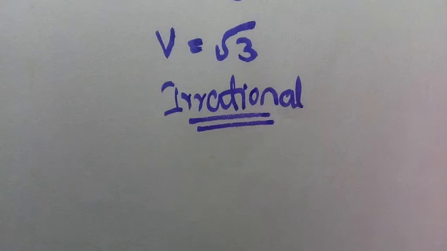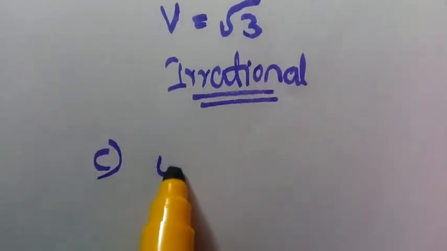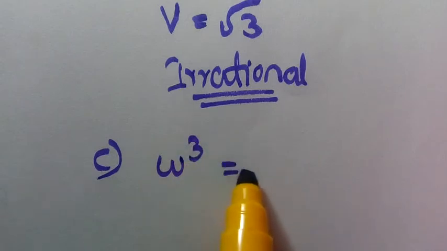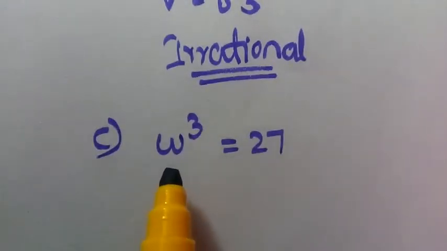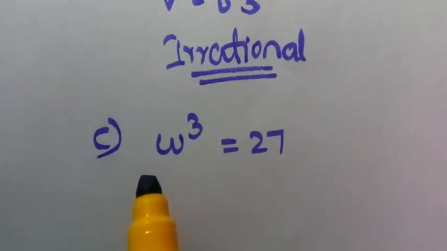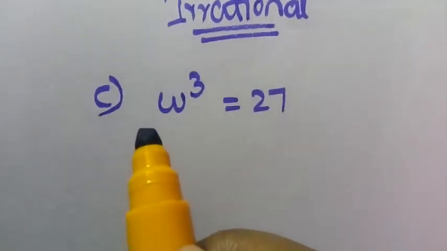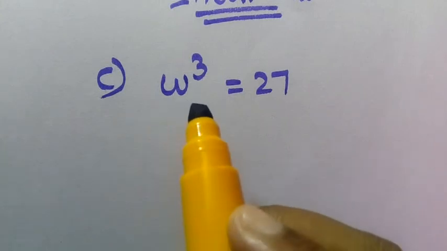Okay. Now question number C. We have w cube is equal to 27. Here we need to find the value of w. After that we need to identify whether w is a rational number or an irrational number. So here also the same concept we are using.